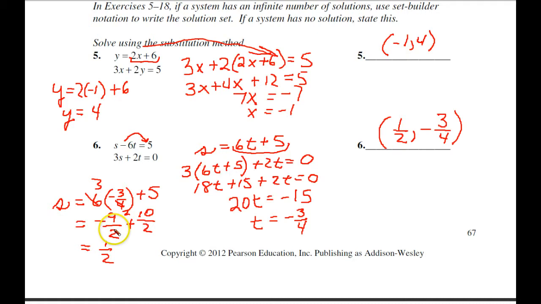And then since I have to combine fractions, I made my positive 5 into 10 over 2. This is 5 in another form. Now I have negative 9, positive 10. I end up with a 1 over 2. So my other point is 1/2. And that checks out. What method did I use? Substitution.